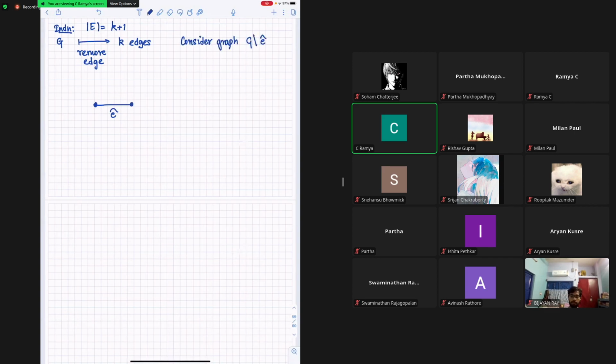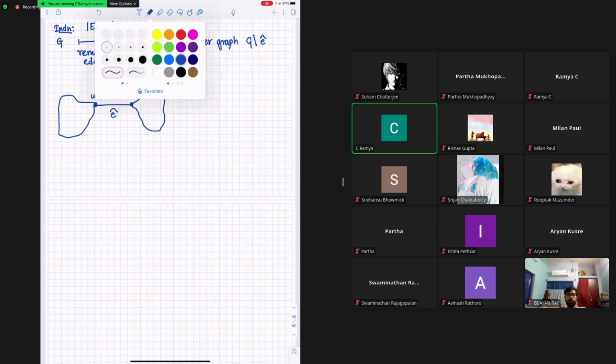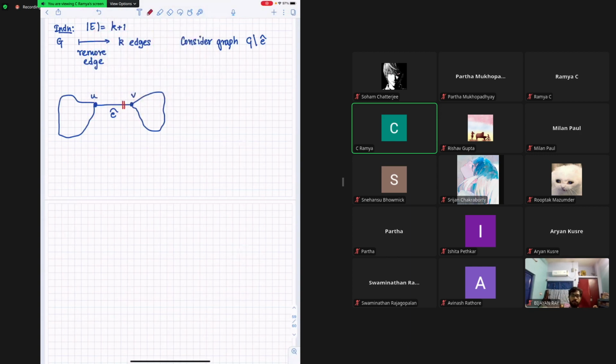So this has 2 vertices which are incident on E tilde. Now it can have some other parts here. This is the graph on k plus 1 edges. Now we are going to remove this edge and you will get another graph, which is on fewer edges, fewer than k plus 1 edges.